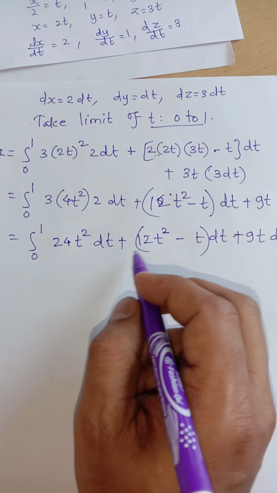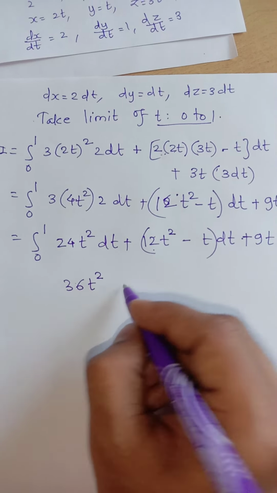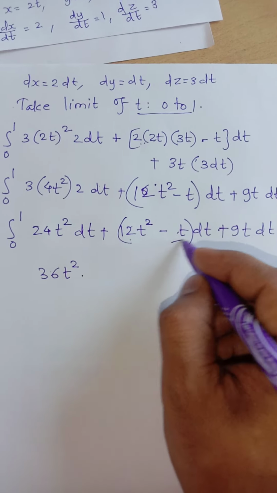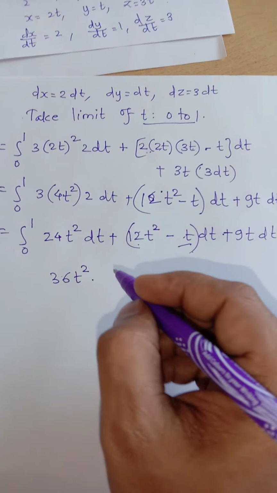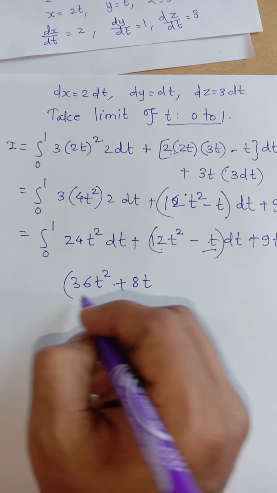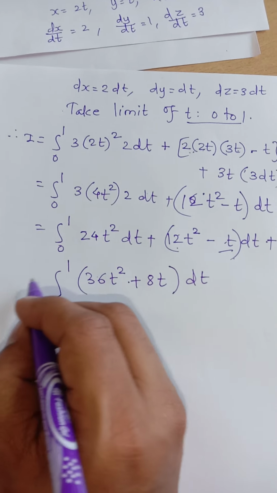So 24 t squared plus 12 t squared means 36 t squared, and minus t plus 9t, so we get plus 8t with respect to dt, and the limits of integration are 0 to 1.